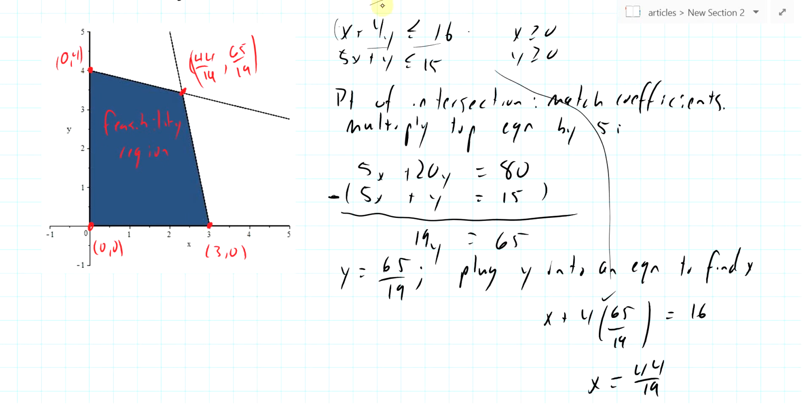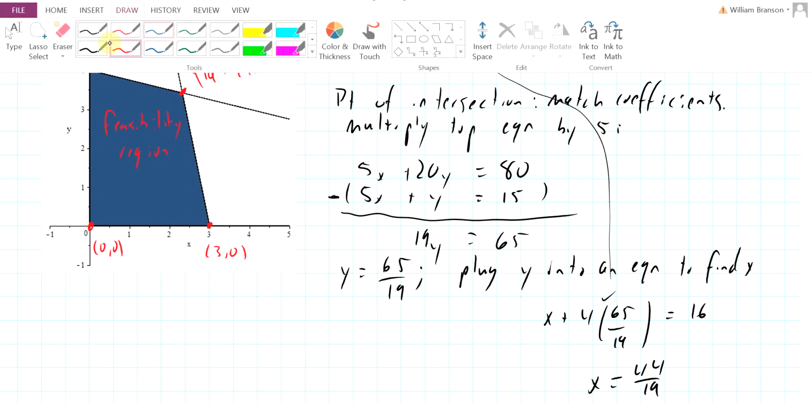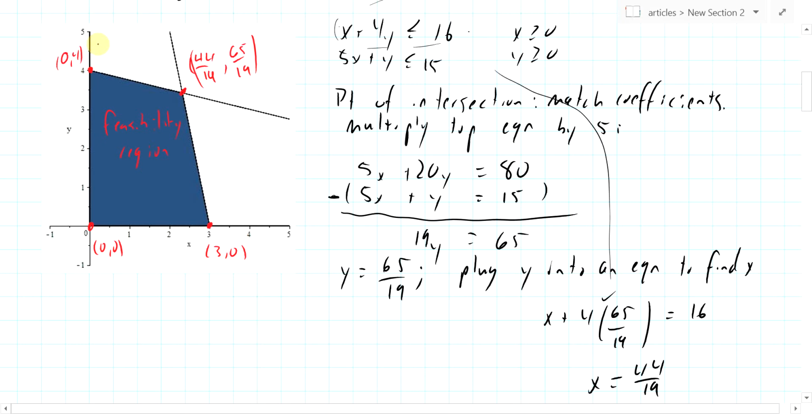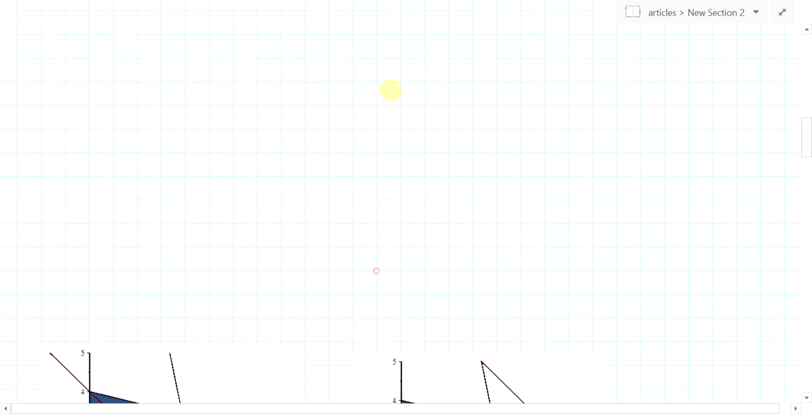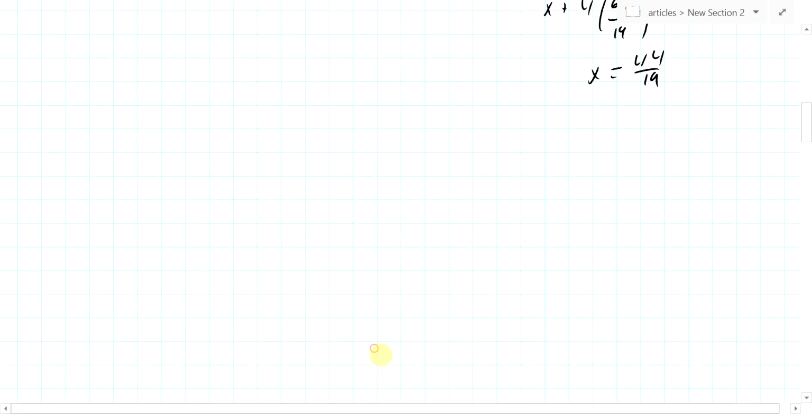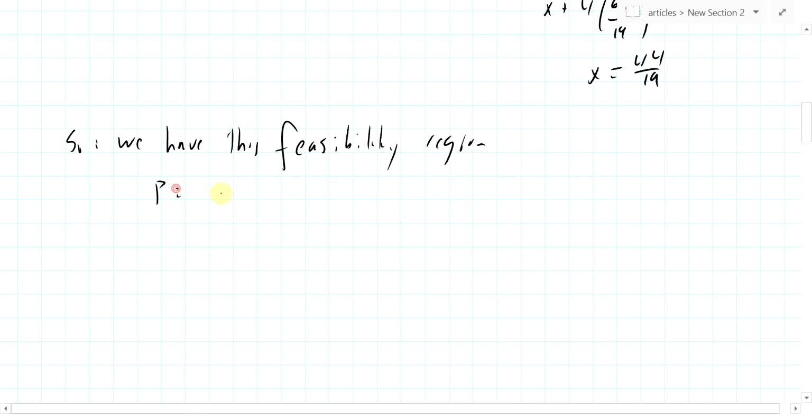Okay, why do I care about the 4 corner points of my feasibility region? Well, suppose that the function I'm trying to make a profit of, ooh, my pictures go way down there. Okay. So we have this feasibility region, and we can think of the profit P as x plus y.